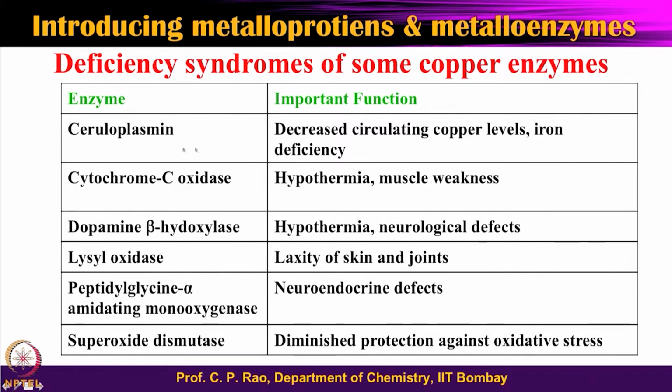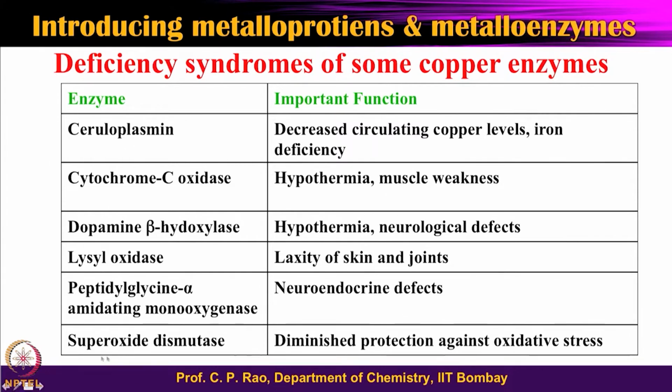It can lead to deficiency of cytochrome C oxidase, which will lead to hypothermia and muscle weakness. If copper deficiency leads to dopamine beta hydroxylase deficiency, then hypothermia and neurological defects like that. So, a number of copper-based enzymes will be affected as a result of the deficiency of the copper ions.